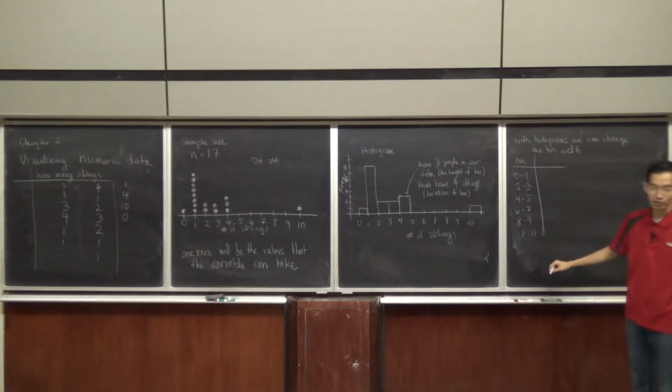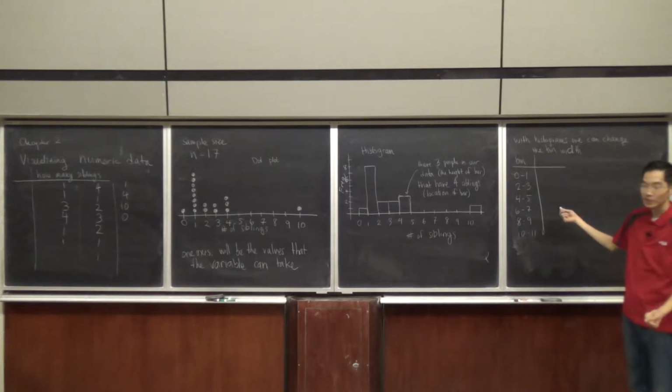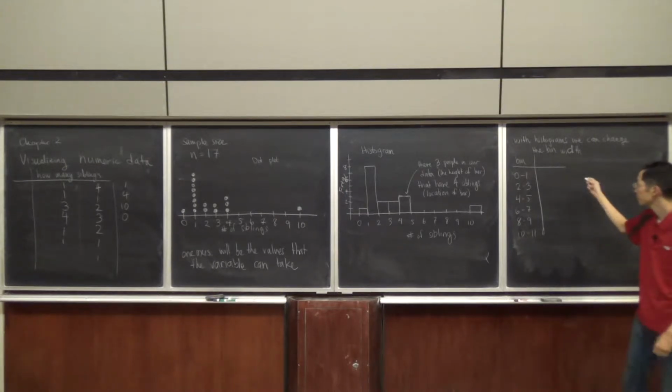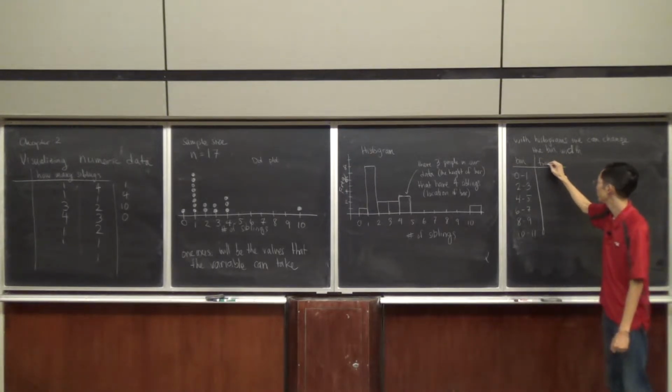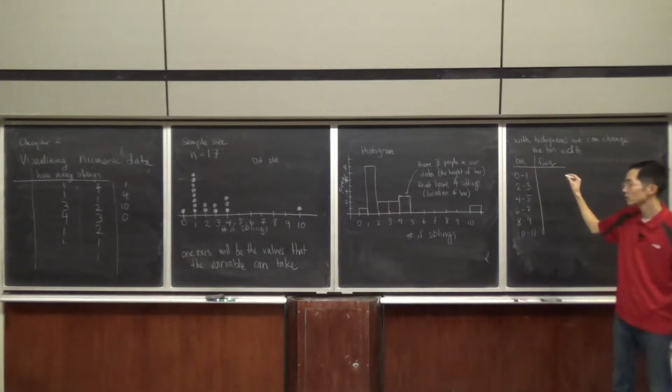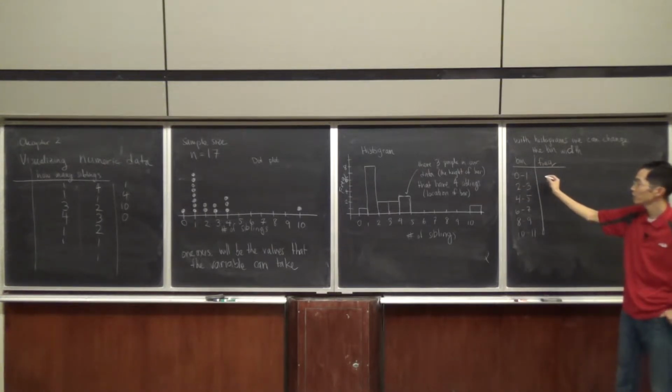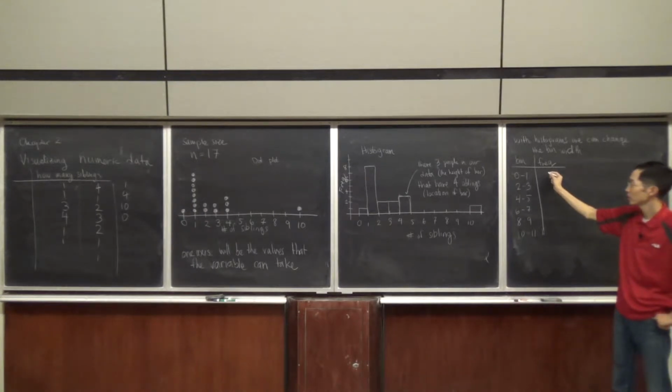This is just for illustrative purposes because in real life you probably wouldn't do this. It would make a lot more sense for something like someone's weight data. But we would have the bin and we would have the frequency. And so from our data set, how many people would be in the bin of 0 to 1 sibling?